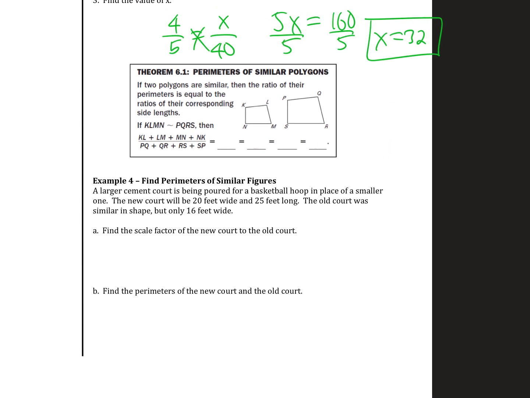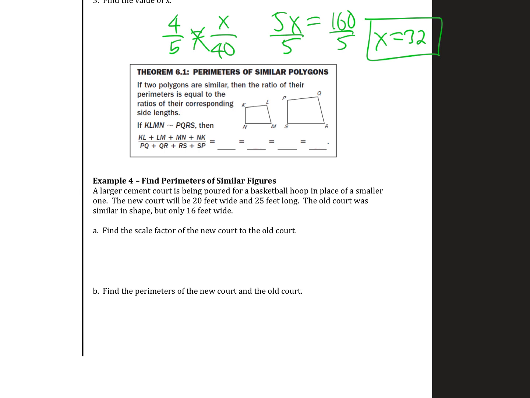Let's keep moving here. Okay, something to note about similar polygons, okay? All the side lengths are going to be proportional, and so is the ratio of their perimeters, okay?